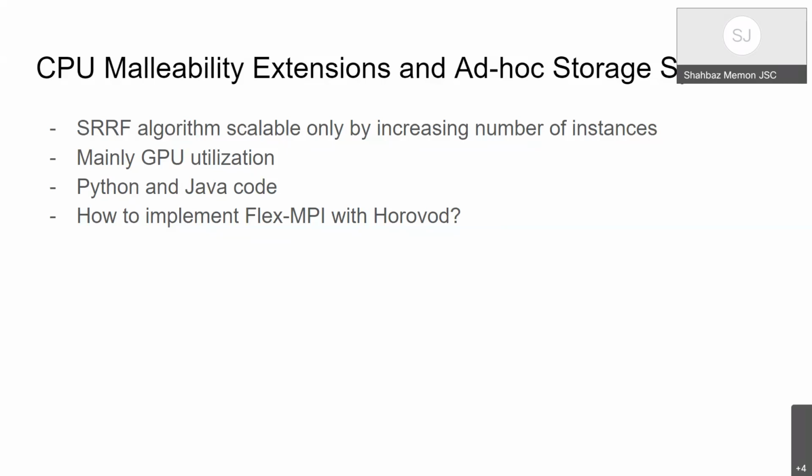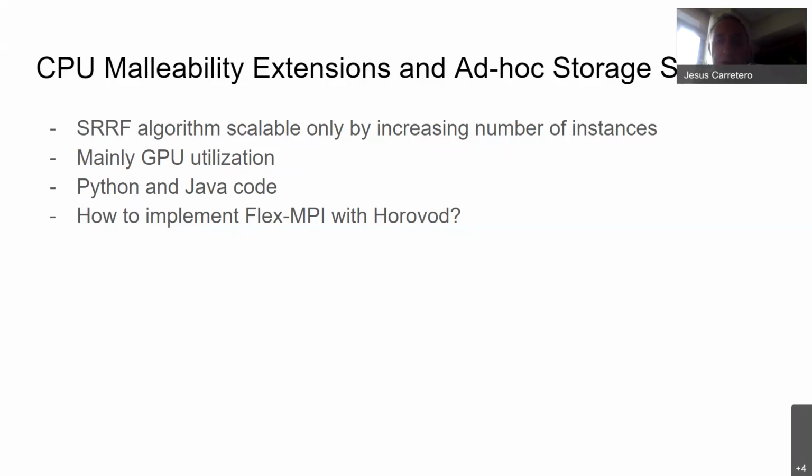Sorry, could you repeat the question? Concerning Flex MPI for the malleability. Don't get confused with Flex MPI. Flex MPI is the implementation we have now to provide malleability. But in parallel, we are now playing with SLURM, pure SLURM, without using Flex MPI. The idea is to provide these possibilities to applications too.